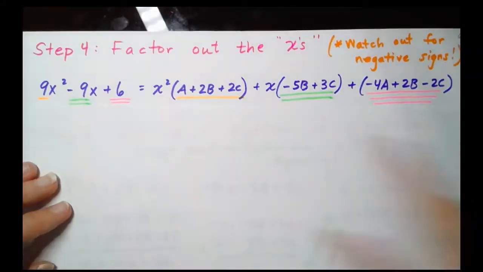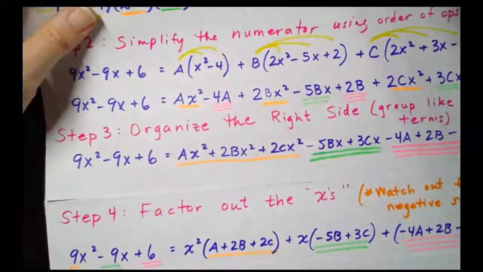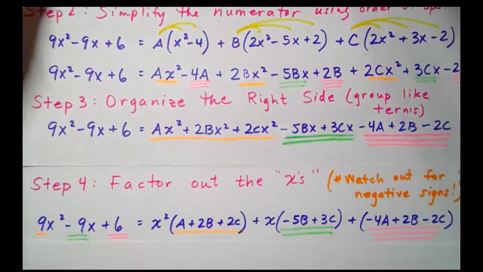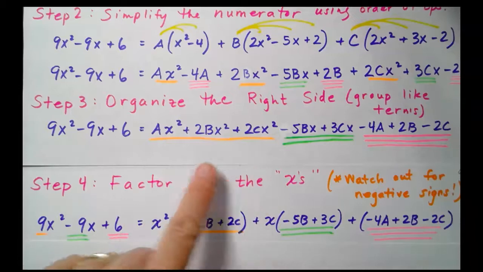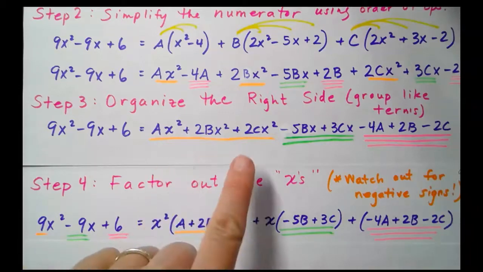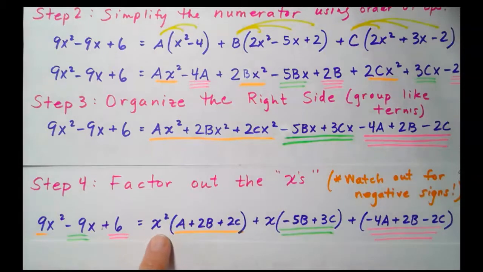So take a look at what I did. I'll put that last step back up here so you can see it again. So there's step 3, organize the right-hand side. Now, notice what I did in the underlined orange here. Basically, I put all that together and then I took out the x squared and left in parentheses the quantity a plus 2b plus 2c.